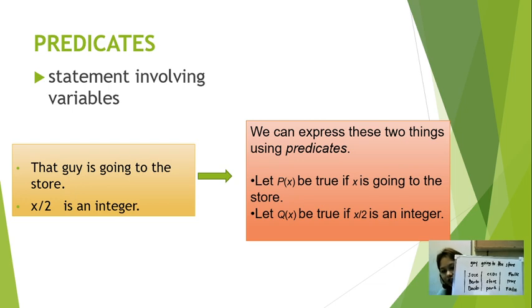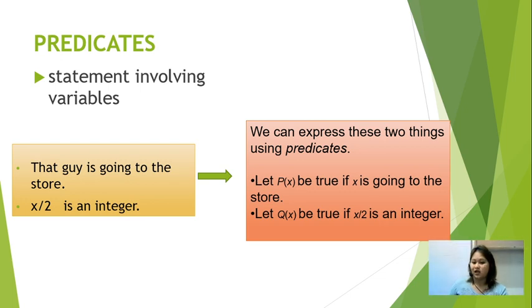So let's say Jose is going to CCDI. So Jose is not going to the store. So meaning it is false. And then if Berto is going to the store, so meaning it is true. Then if Dado is going to the park, then it will be false.